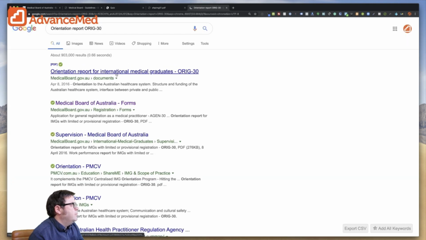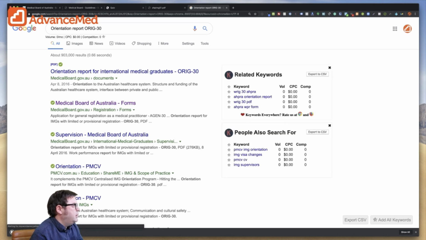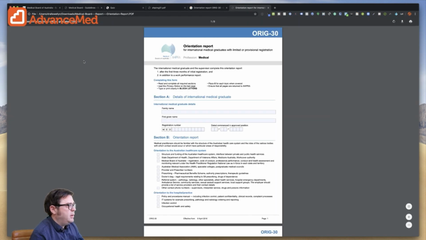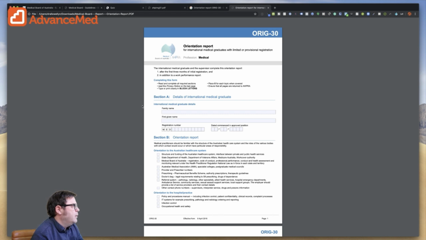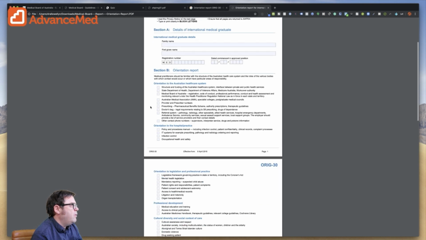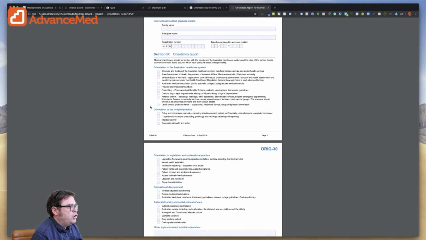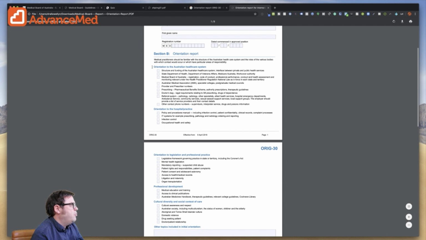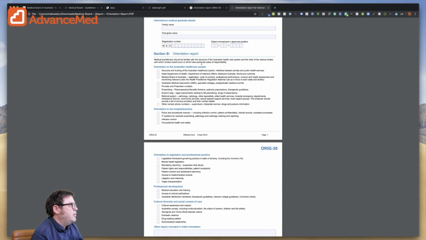There we go. There's a document that we can read. So I'm going to learn something here, possibly. This is the report that you fill in when you've oriented your IMG doctor. Orientation to the Australian healthcare system: structure and funding of the system, State Department of Health, Medical Board of Australia, AMA, specialist colleges, postgraduate medical colleges, councils.